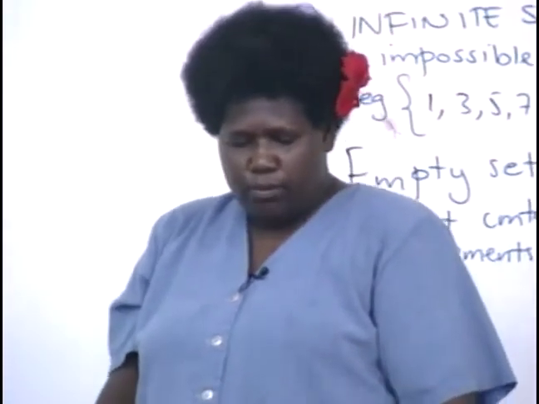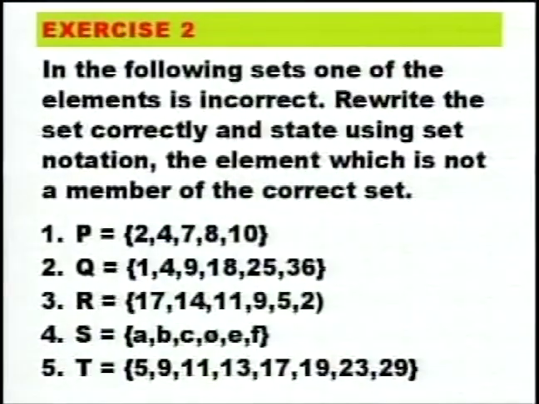So the first one, could we have Wee, please? Number 1. You'll have to say which element is not a member of the set, and then write.